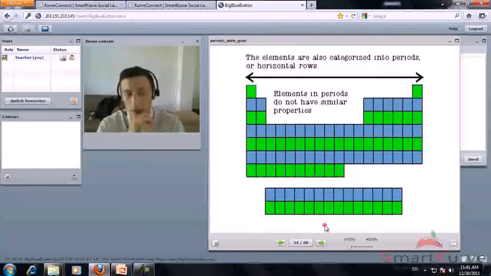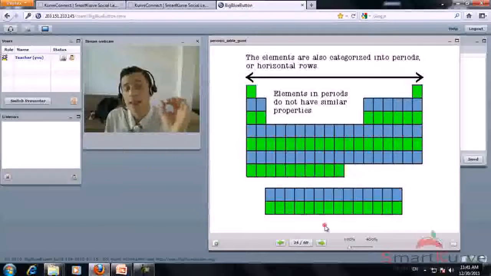Slide 24. The elements are also categorized into periods or horizontal rows. Elements in periods do not have similar properties, and that's because they do not have the same number of electrons in that valence shell. They don't have the same number of electrons in that outer shell.